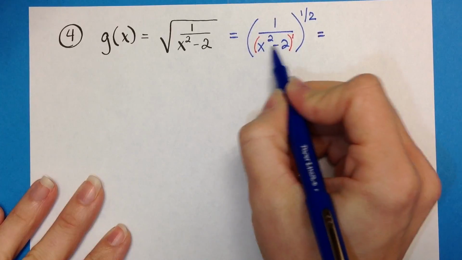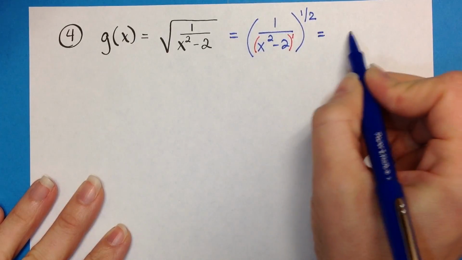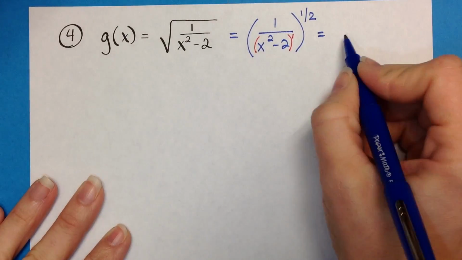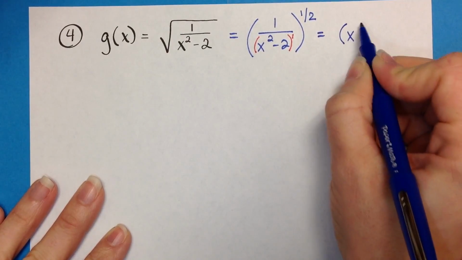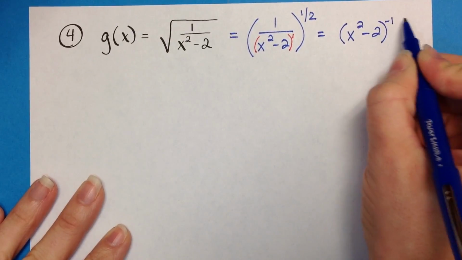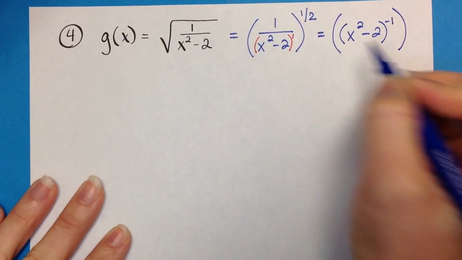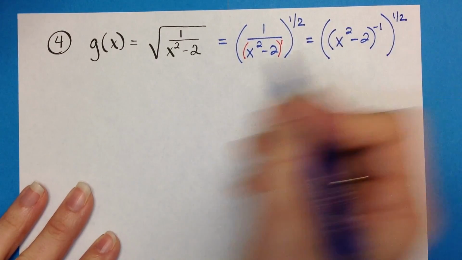of course, I'm going to take this and move it to the top, which this 1 I wouldn't have to write because 1 times would be redundant. So I'm going to move it to the top, which would give me a -1, but then all of this is still to the 1/2 power.